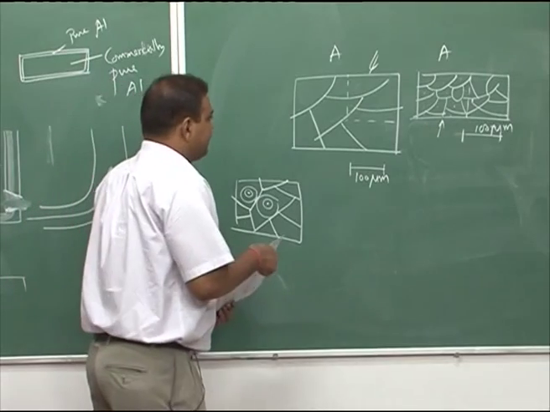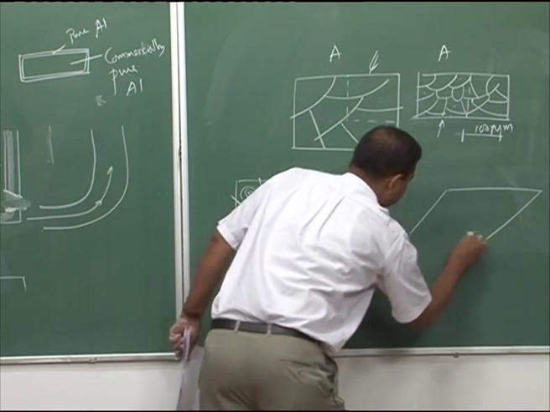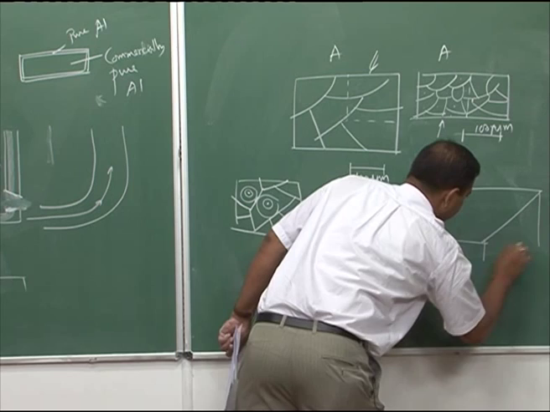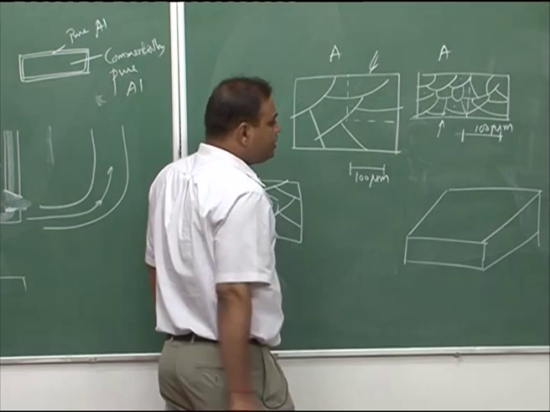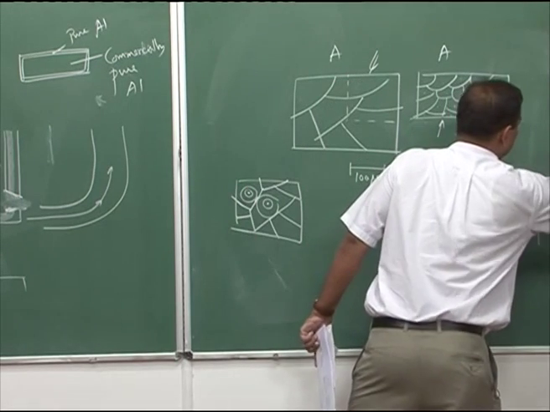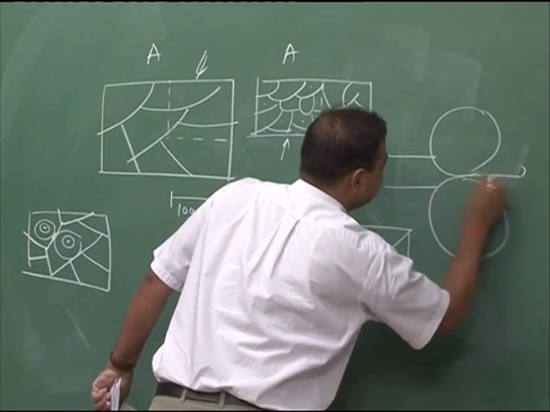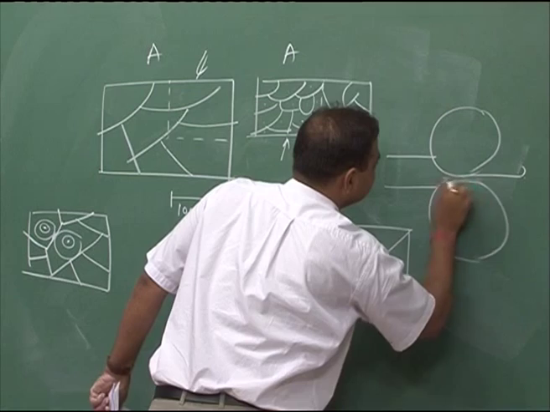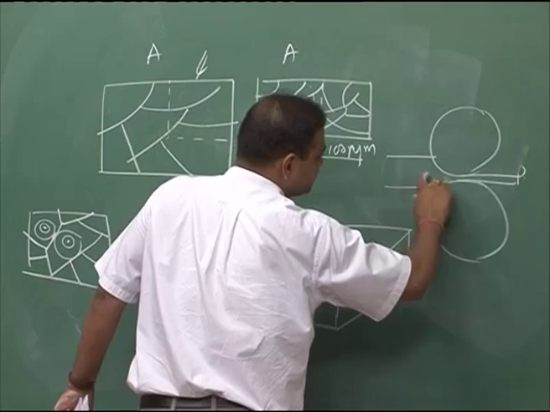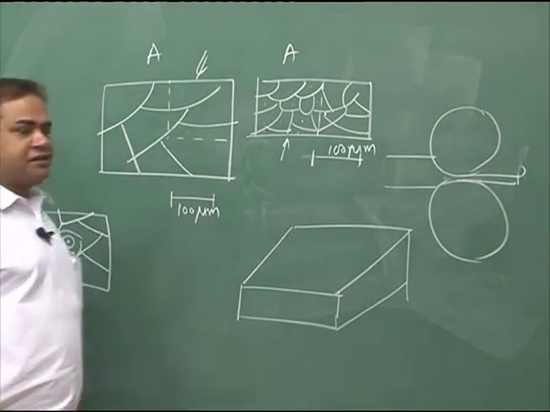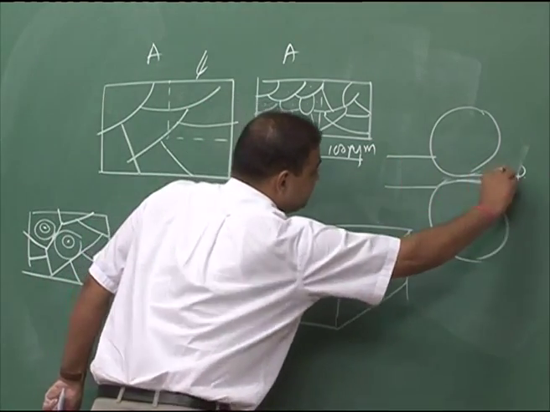Now, one classical example is, let us say we roll a particular structure. This is rolled and these are 2 rolls, and this material has been fed in, and due to rolling, the material thickness is decreasing.